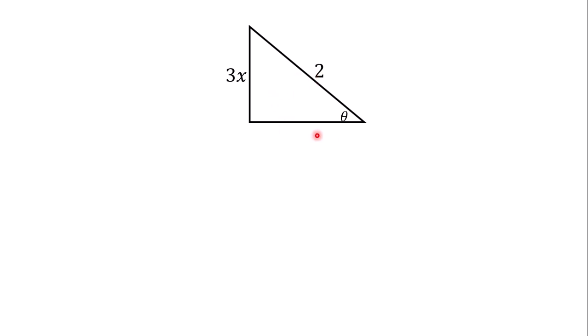Now to get this adjacent side, we are going to subtract this one from this: the square of this minus the square of this is equal to the square of the remaining side. Then we take the square root of that, and this side will be equal to the square root of 4 minus 9x squared.